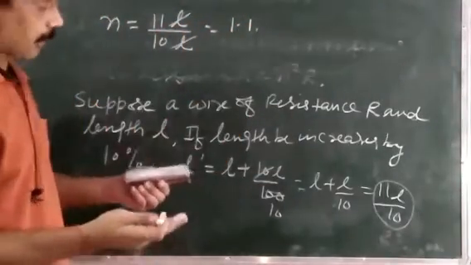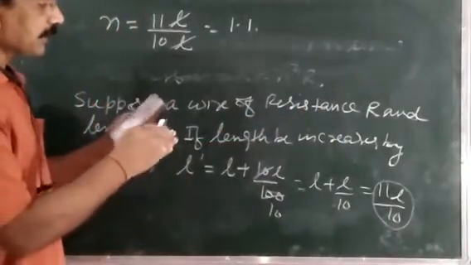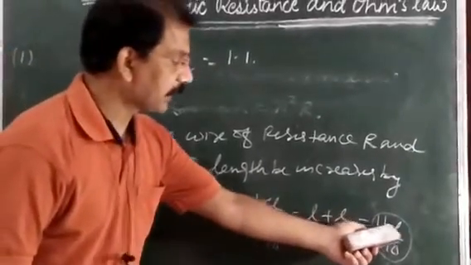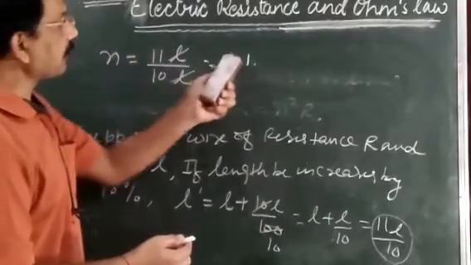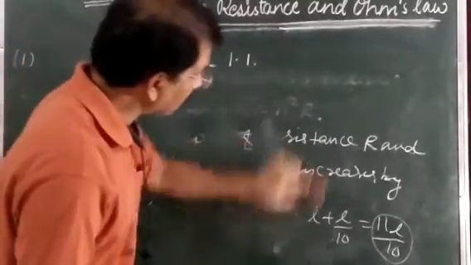It means when its length increases by 10%, its final length becomes 11L by 10, and it increases 1.1 times. Then what is the new resistance?